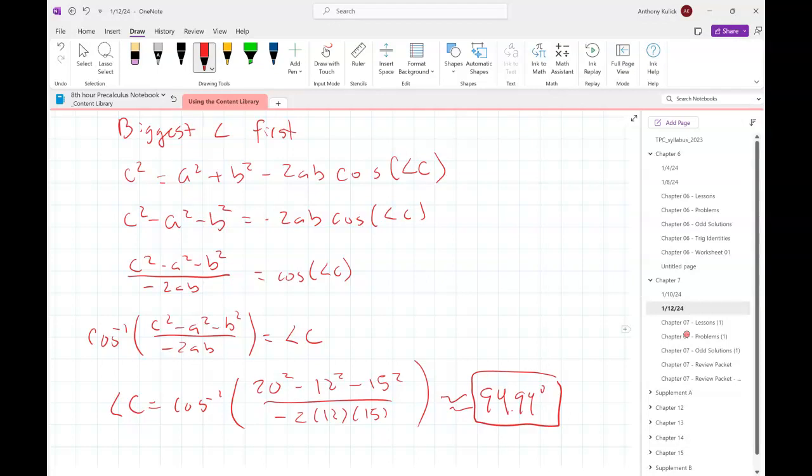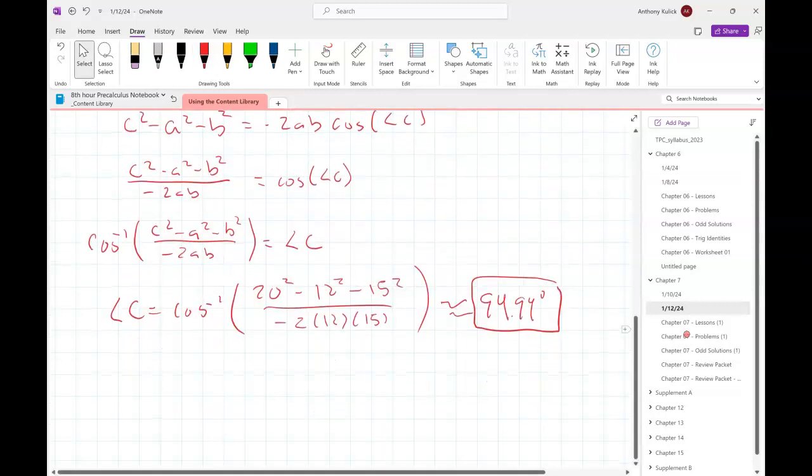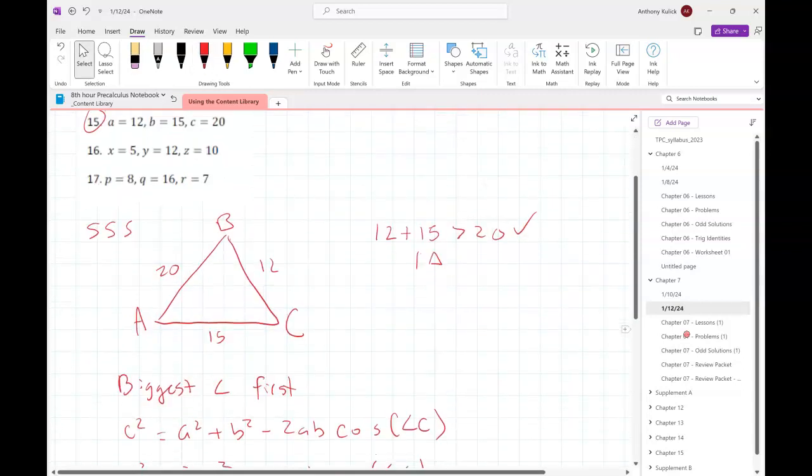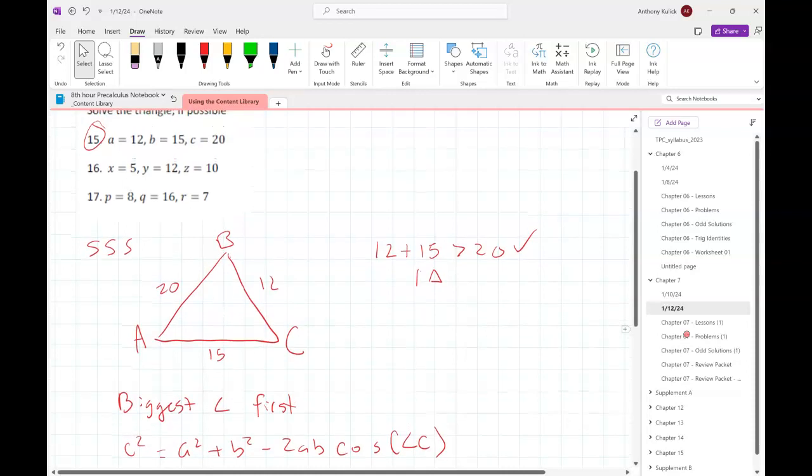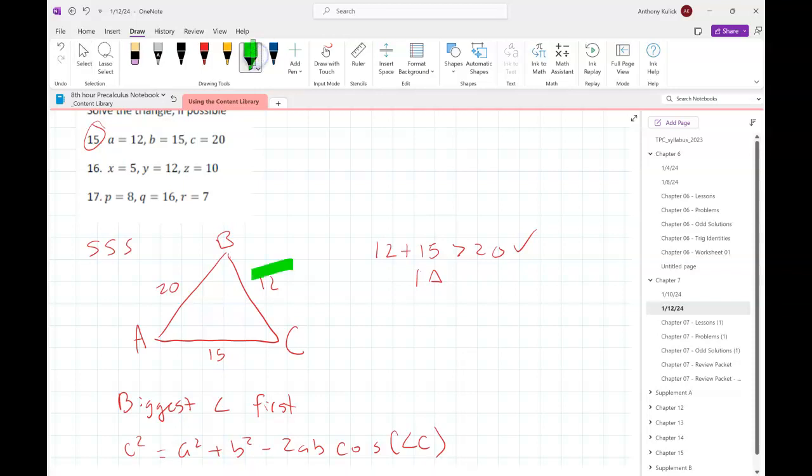So now that I have 2 angles remaining, which angle do I solve for? The smaller of the 2. So if I go to my picture, which one is smaller, A or B? It's definitely A because it's opposite the smaller side, right?